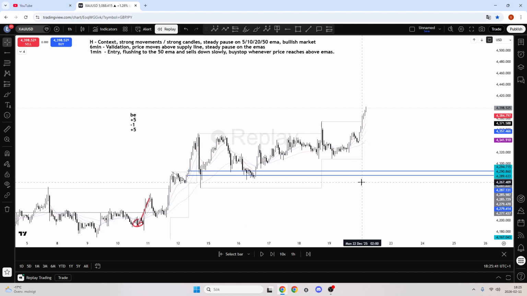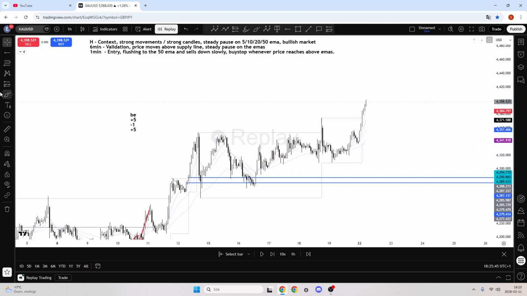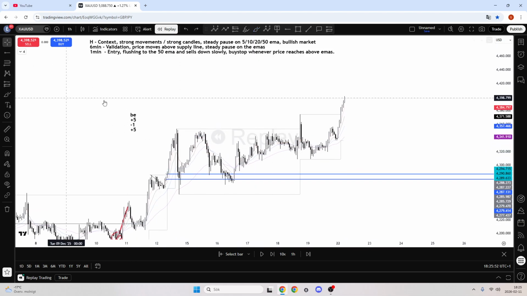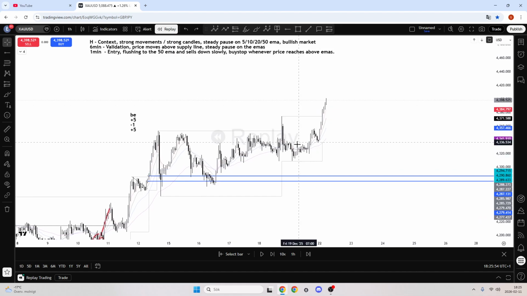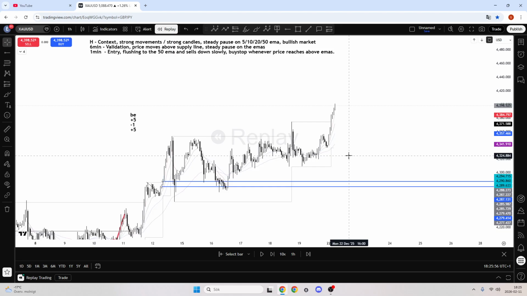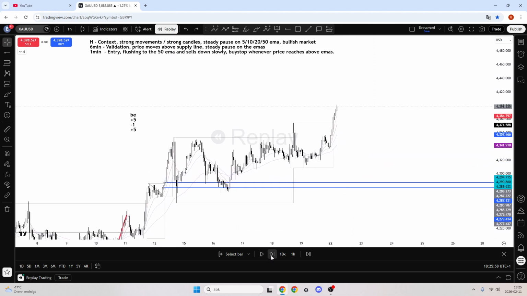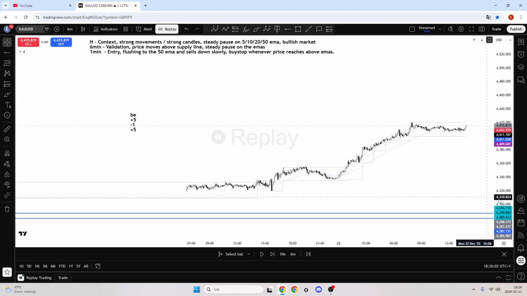Okay, so now, however, this is starting to look very, very good. Price went sideways for a while, probably for the purpose of reaccumulating orders, and pausing here. So we have our first pause. So let's see if we can pause again. Okay, I think this is a valid pause.